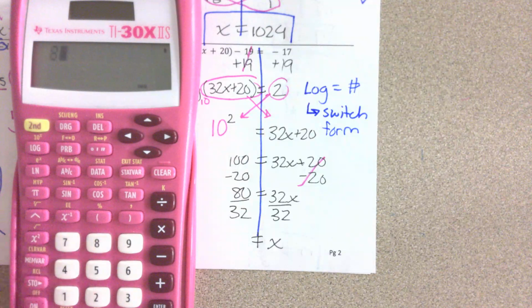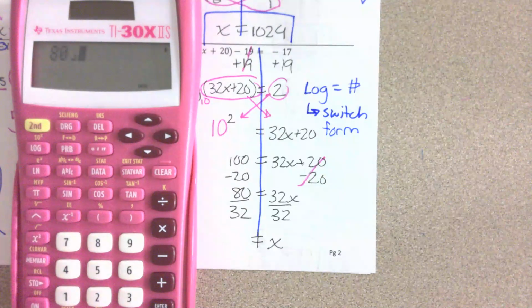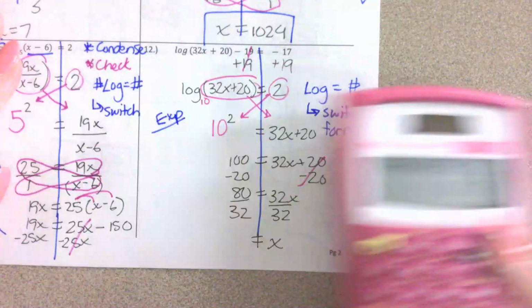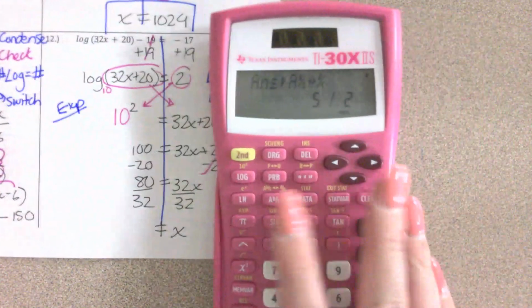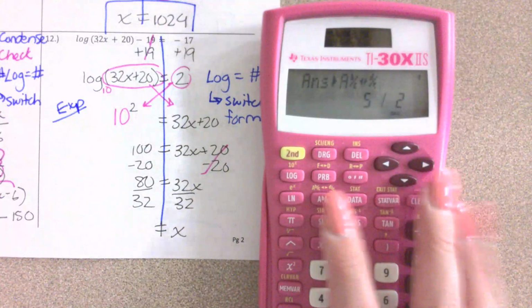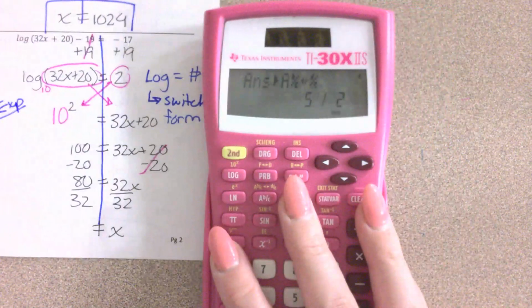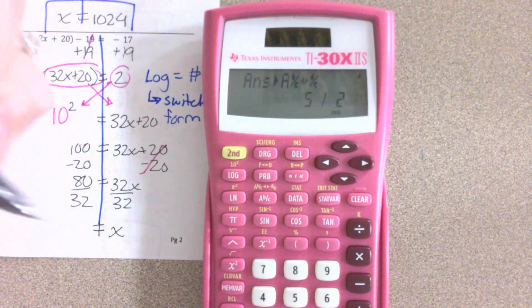Now this is going to be improper at first, so I'll have to convert it. So see, it's going to give me that. When that happens, remember you just hit second ABC again to convert it to the way you want it to look, which is 5 over 2. There we go, that's better.